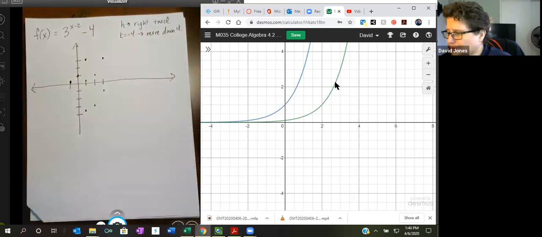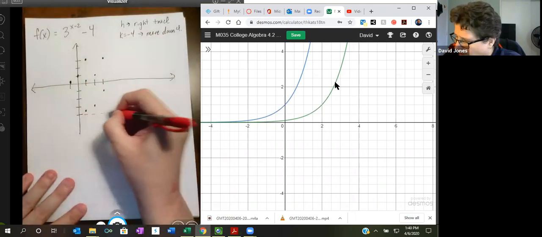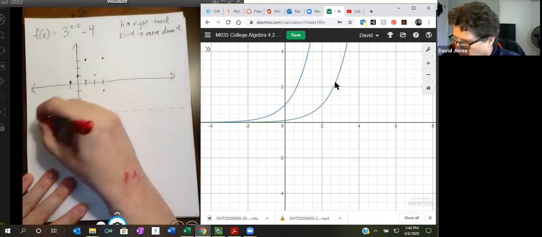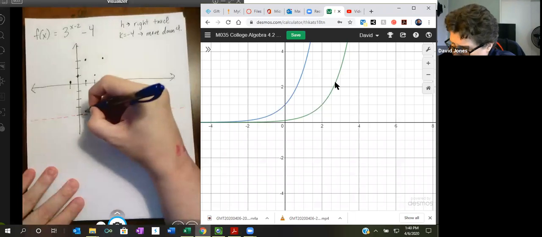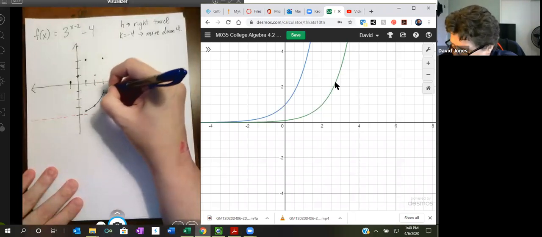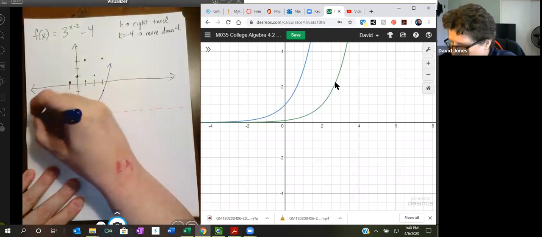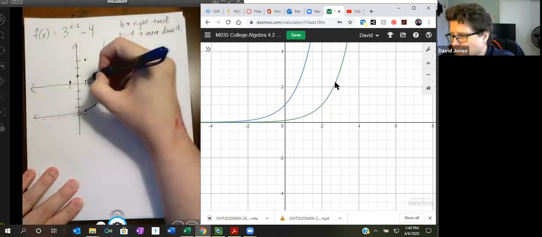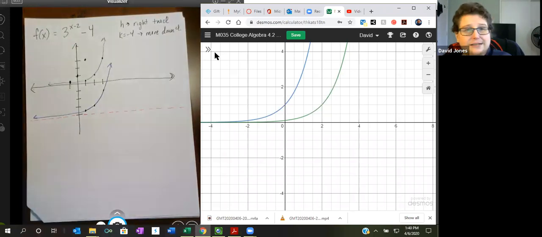Including the asymptote. The asymptote was here. The asymptote shifts down 4 to right there. And we get y equals 3 to the x minus 2 power minus 4 does this. And it used to look like this. The minus 4 has moved it down k units.